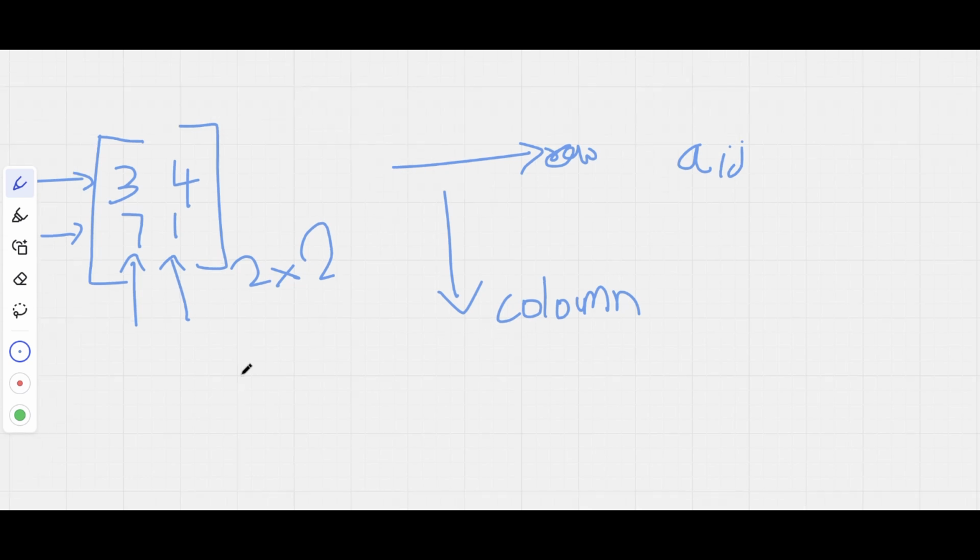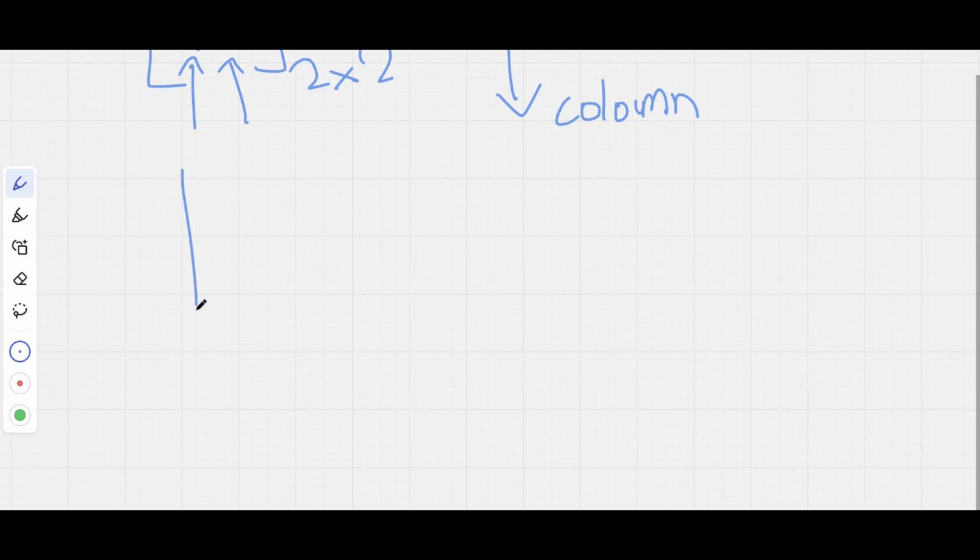So let us take another example. Now how to write the order of the matrix? While writing the order of the matrix, we first write rows and then columns.